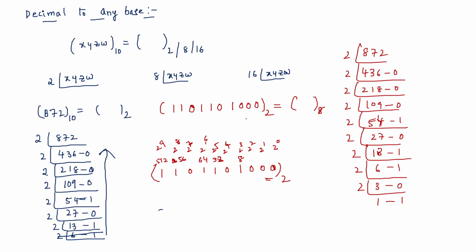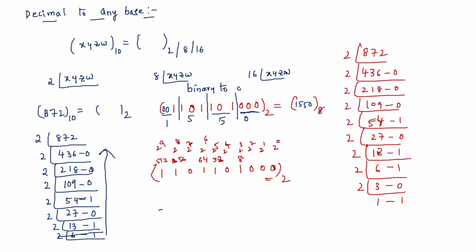Simply I can combine three bits at a time. Three bits make one number. So this is 5 and this is 0, and these 3 bits again 5, and here I add two zeros. Then 1 is the value I got: 1550. That is the octal number. So here I'm converting binary to octal.